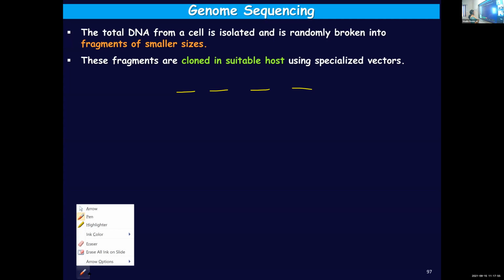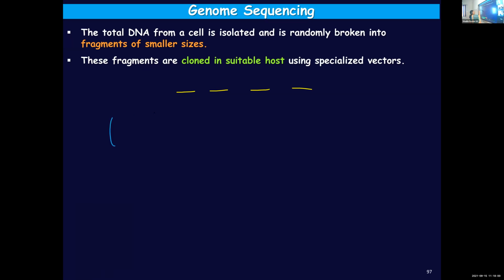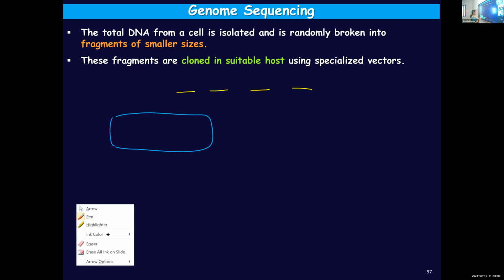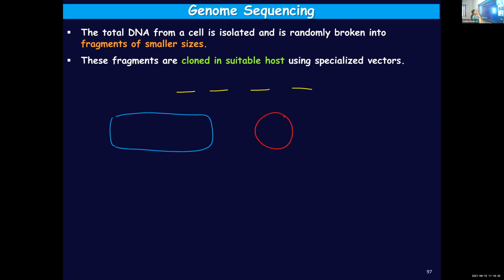So for that, they selected a host organism like bacteria or yeast, and they did this with the help of vectors. Vectors are usually plasmids, which you have learned are extrachromosomal circular DNA, which will help in transferring foreign DNA into a host cell. So let this be the vector.